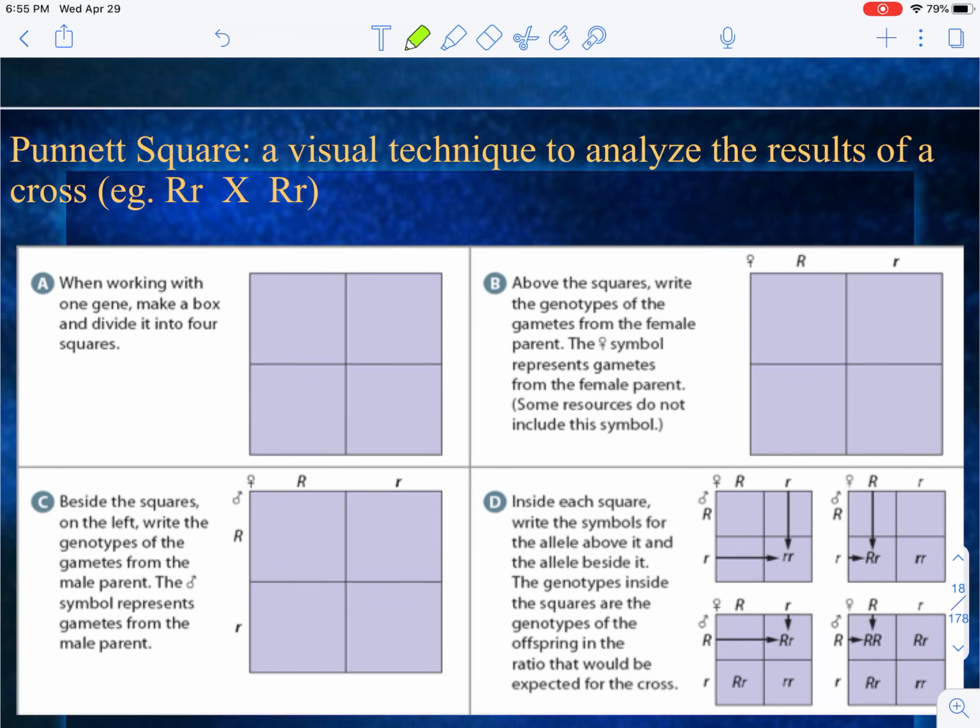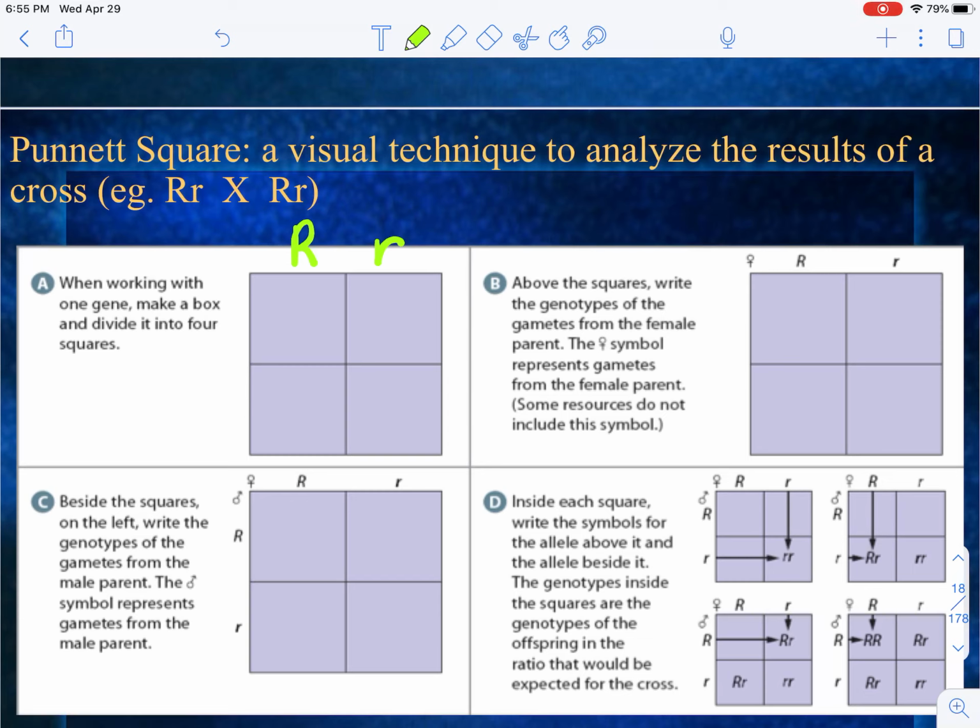So this is an important page. Make sure you know these terms. A Punnett square is these squares that are used to check out what possible combinations offspring will have.